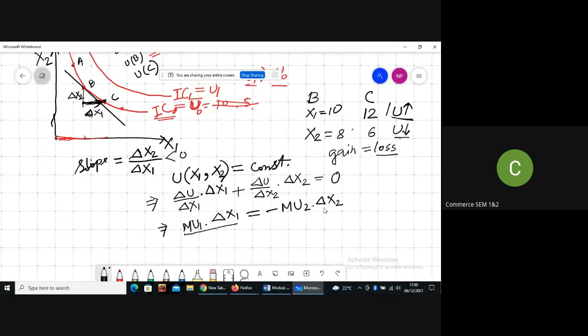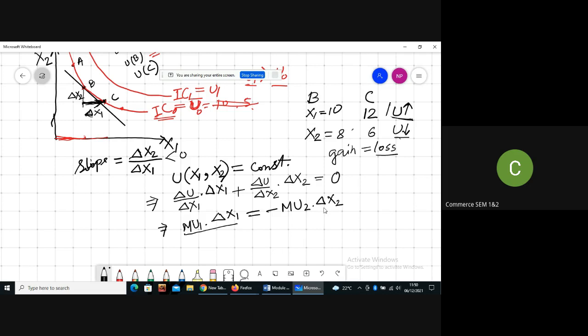The change in the diagram can be shown, but marginal utility cannot be shown. So what this term on the left hand side says is that when you are moving from point B to point C, the consumer gets this much amount more of commodity 1.